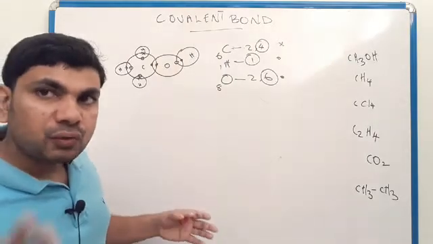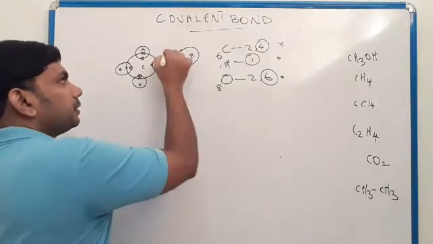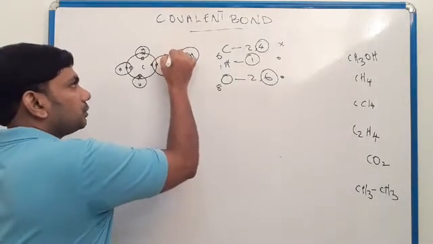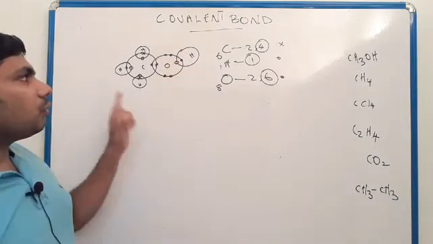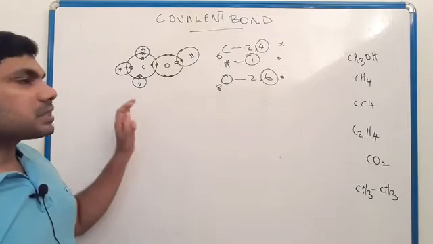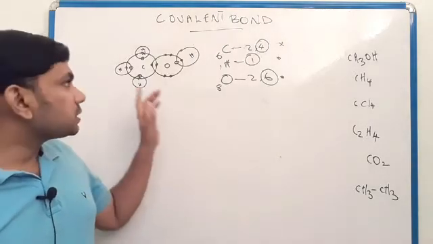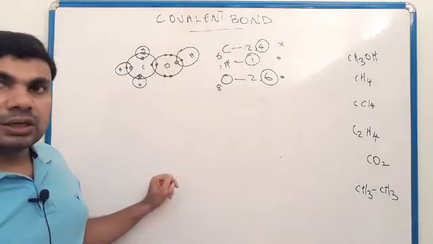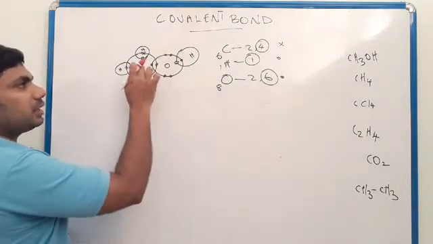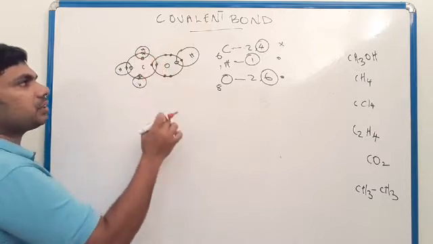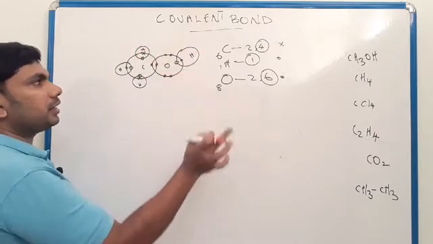How many left? 4 electrons left. These 4 electrons you can put over here. This is the covalent bond for CH3OH. Clear?